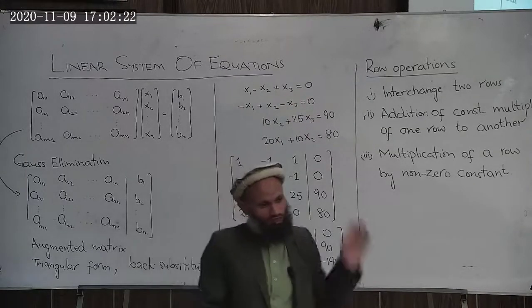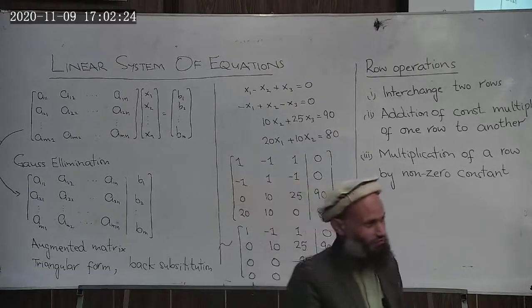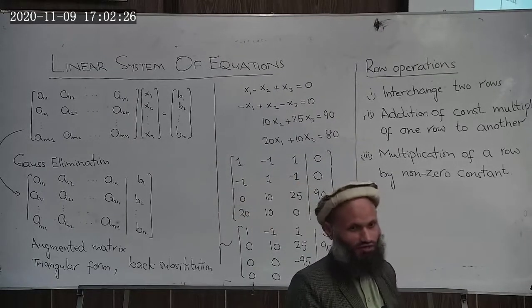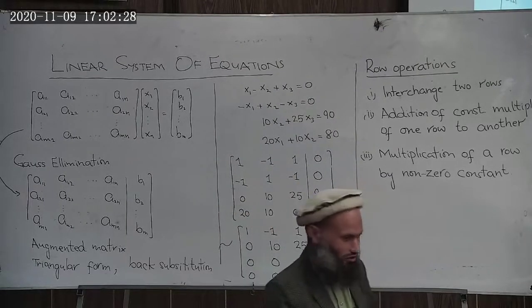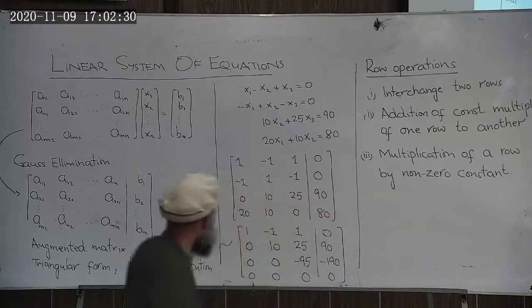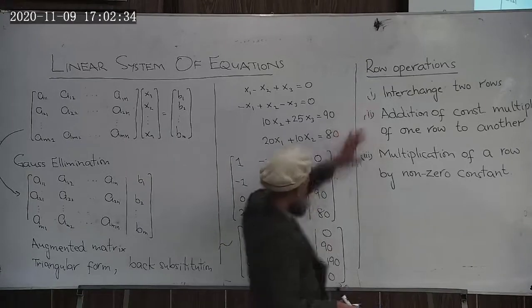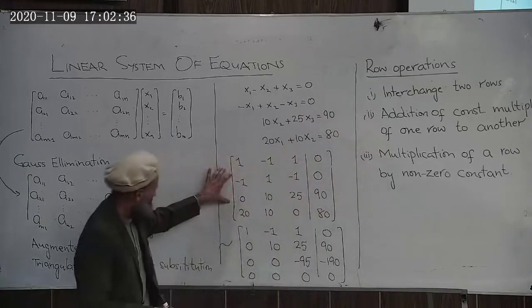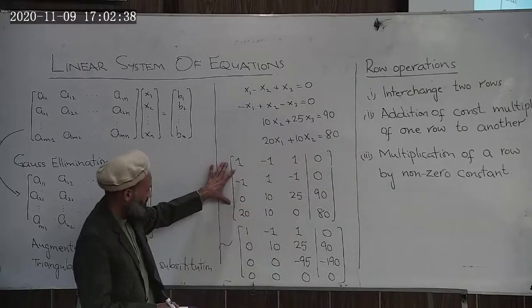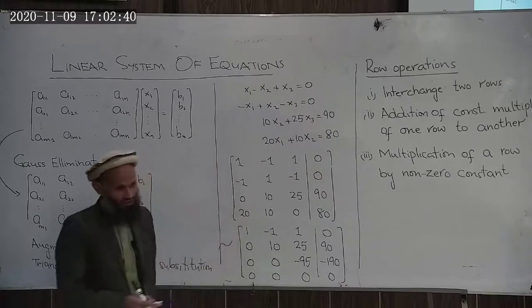Otherwise, you can multiply it by any constant, whether positive or negative, and that will not change the solution to the system of equations. So you can perform these elementary row operations to transform this augmented matrix into triangular form.